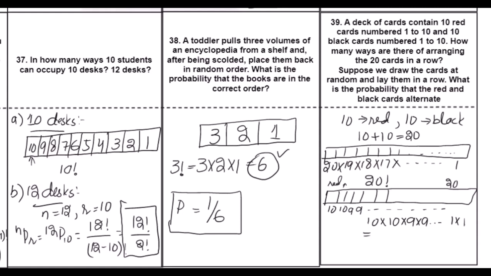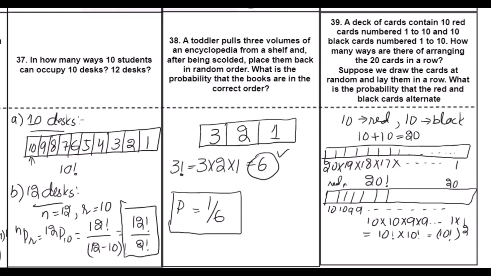How would it be? It will be 10 factorial multiplied by 10 factorial, or 10 factorial squared. These are the choices for initially red and then black. There is also another possibility, that I can have the black card as the first card, and then the red one, and then black, then red.